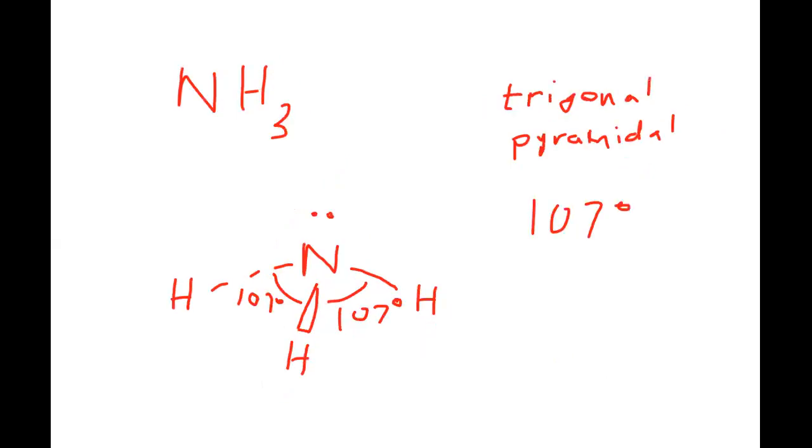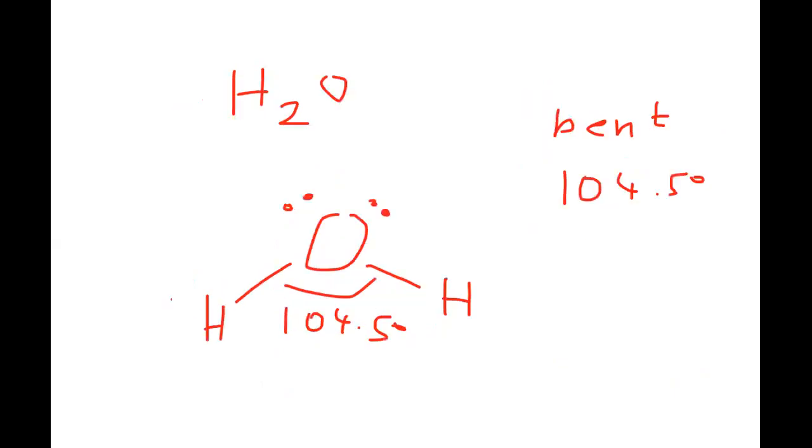In this case, the angle decreases by 2.5 degrees to 107 degrees, and the structure is trigonal bipyramidal. Next is when there are 4 pairs around the central atom, but 2 of those are lone pairs. Then the angle again decreases by 2.5 degrees. The structure becomes bent, and 104.5 degrees is the angle.